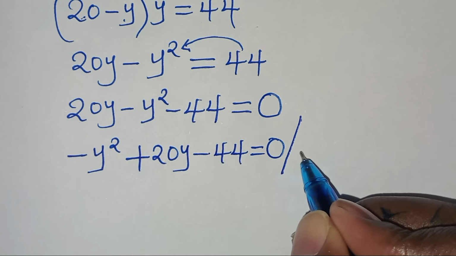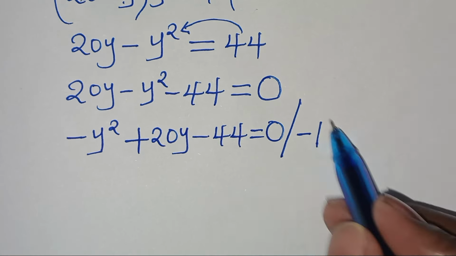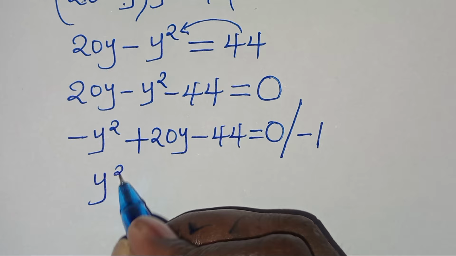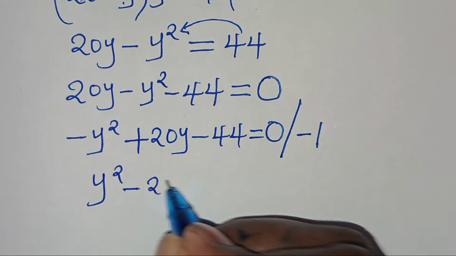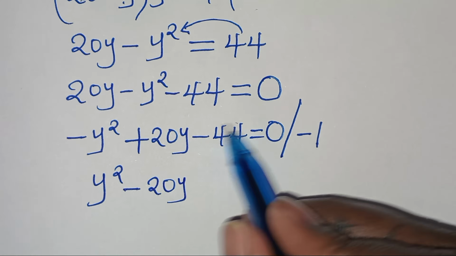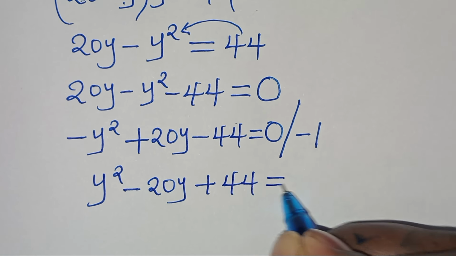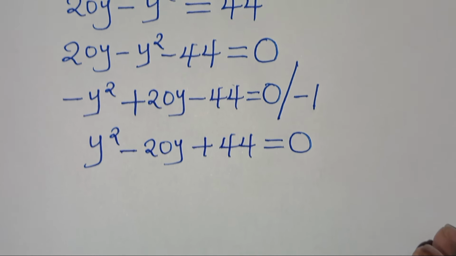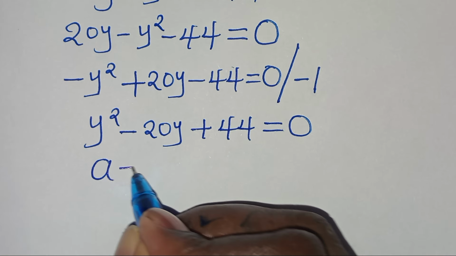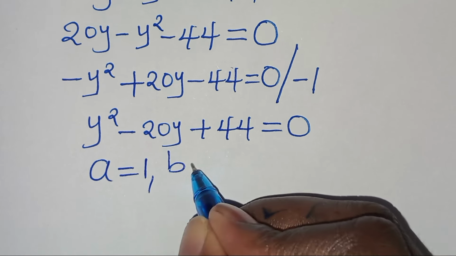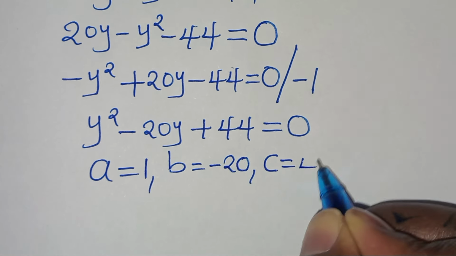Let's divide everything by minus 1: minus y squared divided by minus 1 is y to the power of 2, then plus 20y divided by minus 1 is minus 20y, then minus 44 divided by minus 1 is plus 44, equal to 0. So this is a quadratic equation where a is equal to 1, b is equal to minus 20, and c is equal to 44.